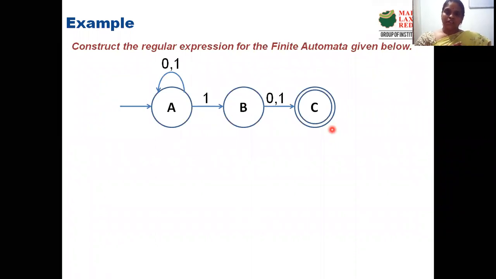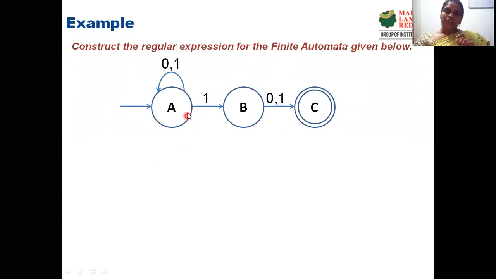Now consider the regular expression for the given finite automata, where if you see in this finite automata, we have three states: state A, state B, and state C. A is the initial state, indicated by the arrow mark here, and C is the final state, indicated by a double circle.